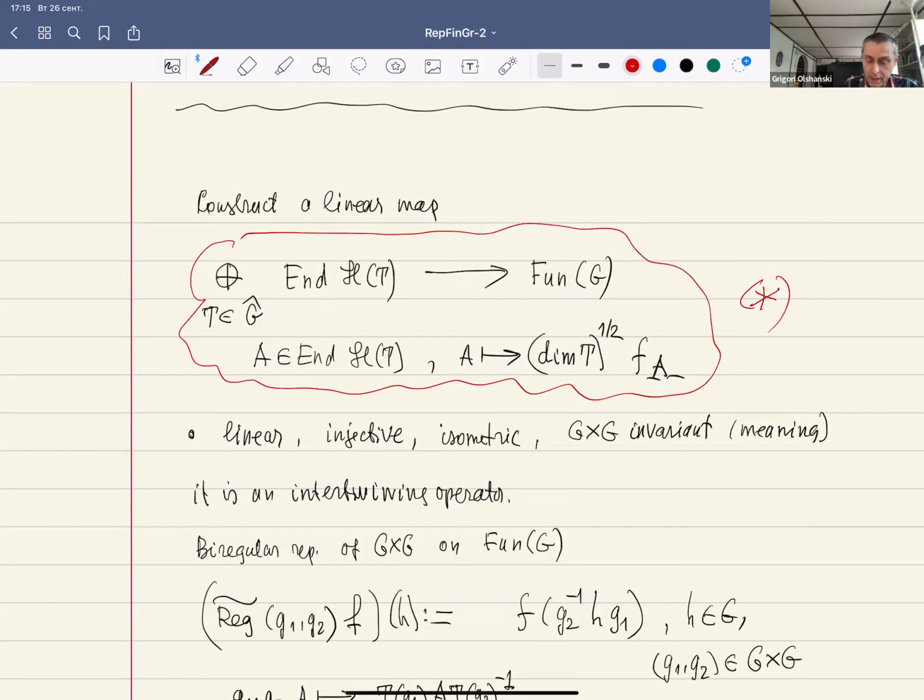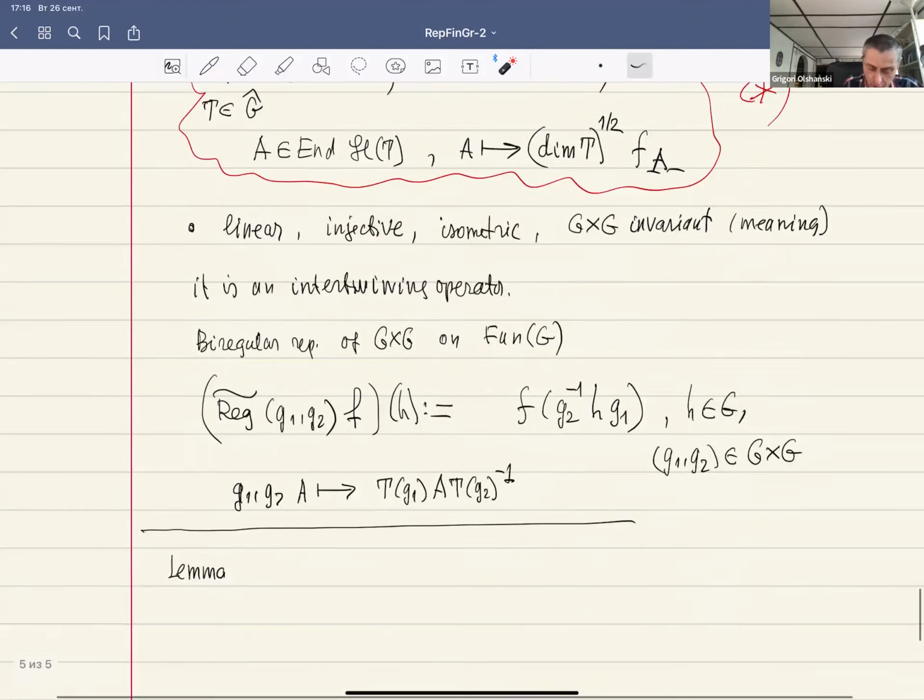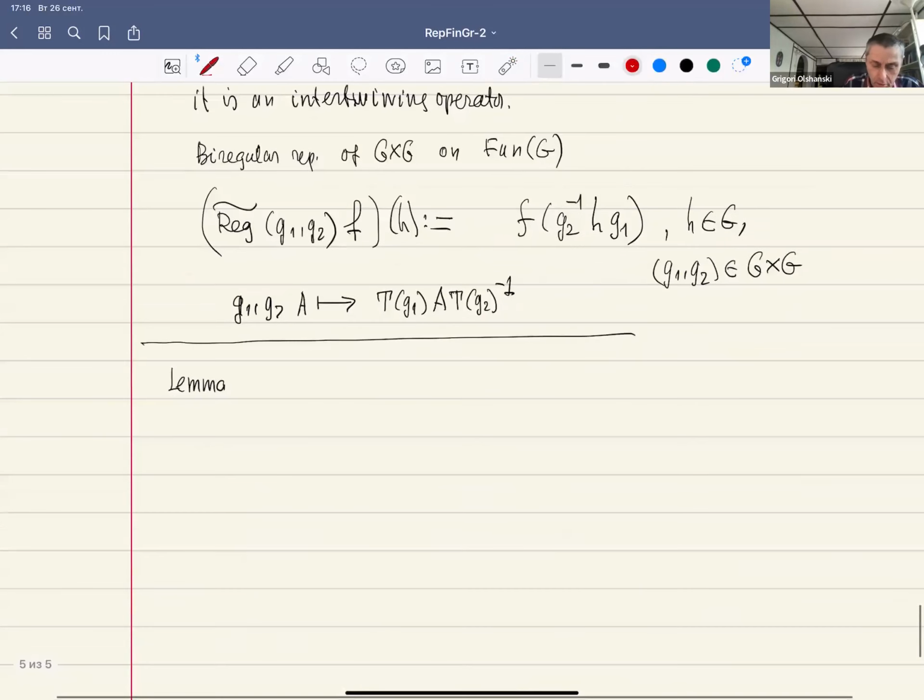A linear map which is defined by this form, from this formal direct sum to the space of functions. And the claim is that psi is onto, surjective.